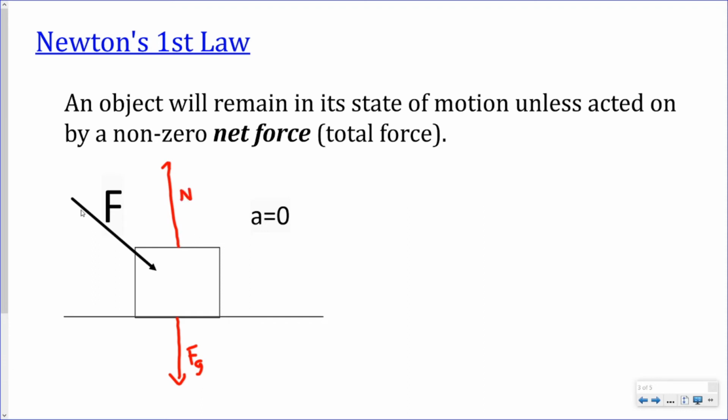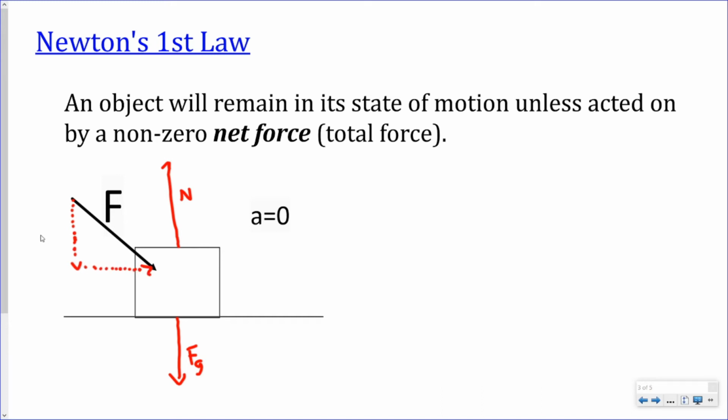What else do we have? Well, we have this force being applied at an angle. We don't like angles. What we like is everything at 90 degrees to each other, or perpendicular. So what we can actually do is break this apart into its components: a vector that's pushing down and a vector that's pushing to the right.